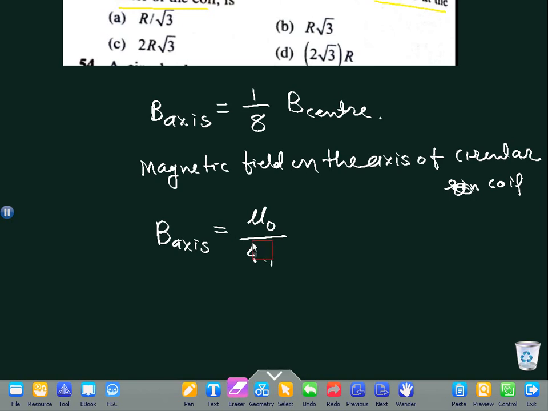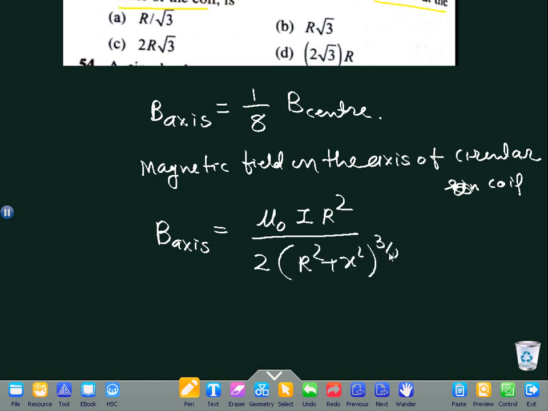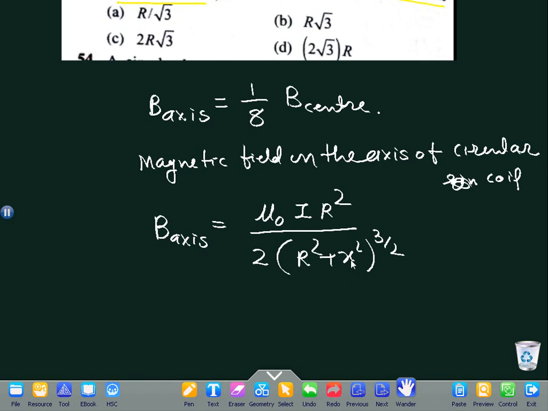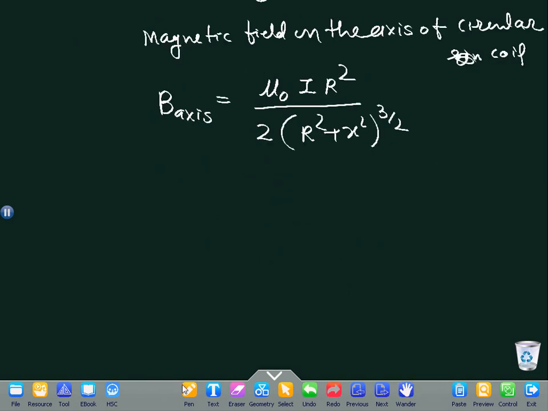So the equation we can use is mu naught I r square upon 2 times (r square plus x square) to the power 3/2. This is the equation of magnetic field on the axis of a ring at distance x. So we need to determine this x and B center.